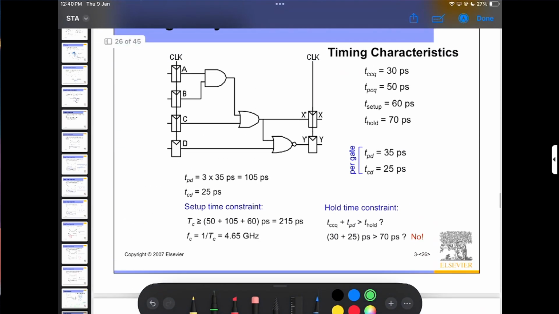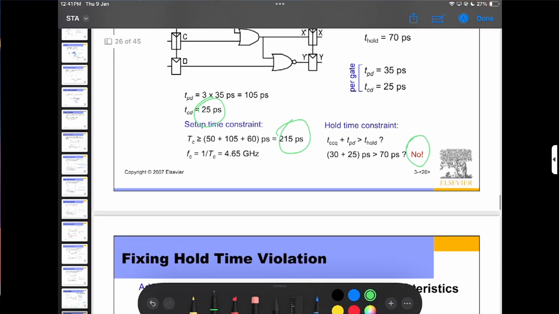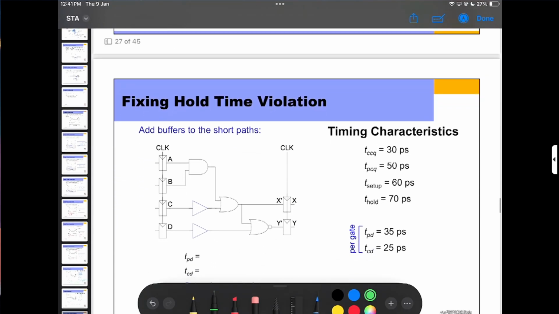Okay. So TCD is 25 picosecond. I don't understand why it is 25.